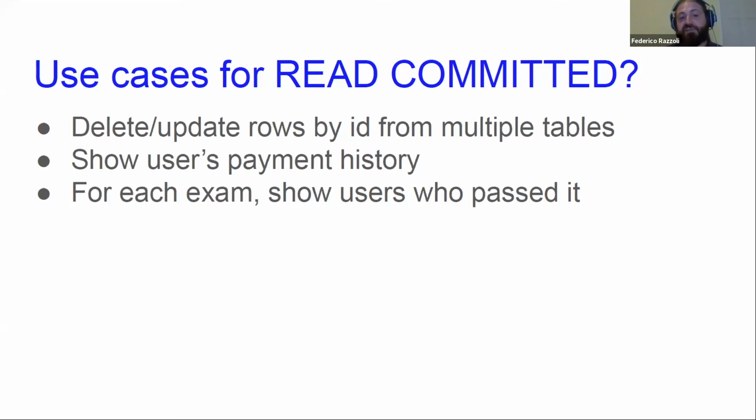You can use certain types of historical data. So again, for example, you can show users payment history even if it requires running several selects, because you can probably assume that while you do this, the user is not making more payments. Okay, but this is just an example. Of course, depending on your application, you could have more cases or not.